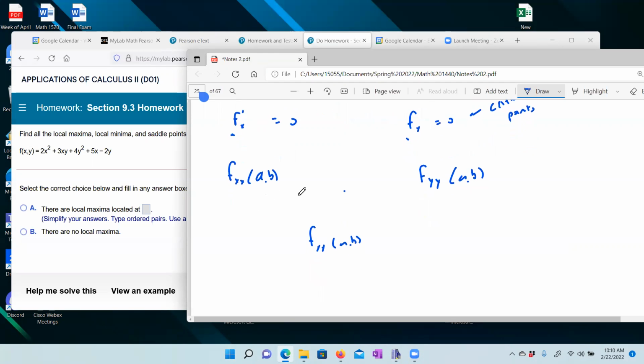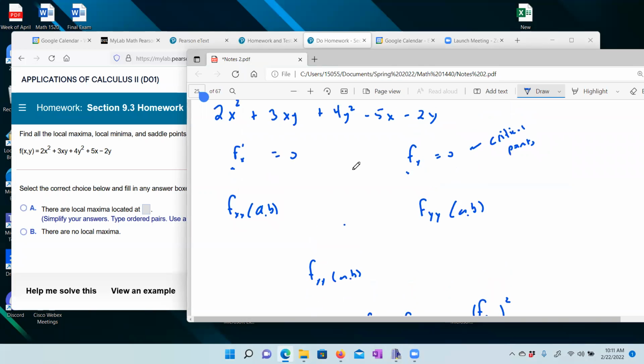And again, this is going to be written down for you. We're going to test f_xx times f_yy minus f_xy, or f_yx, doesn't matter, squared at those points, and see what happens here. Consult the oracle and get our answer. That's the strategy.